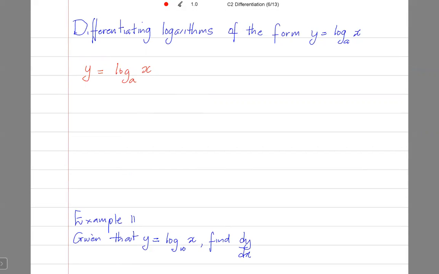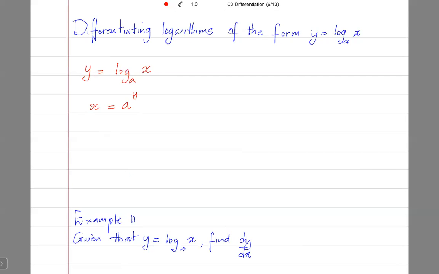So in logarithm form, a is the base, x is the number, and y is the power. So if I move from log to index form, it's going to be the number, which is x, is equal to the base a raised to the power y.